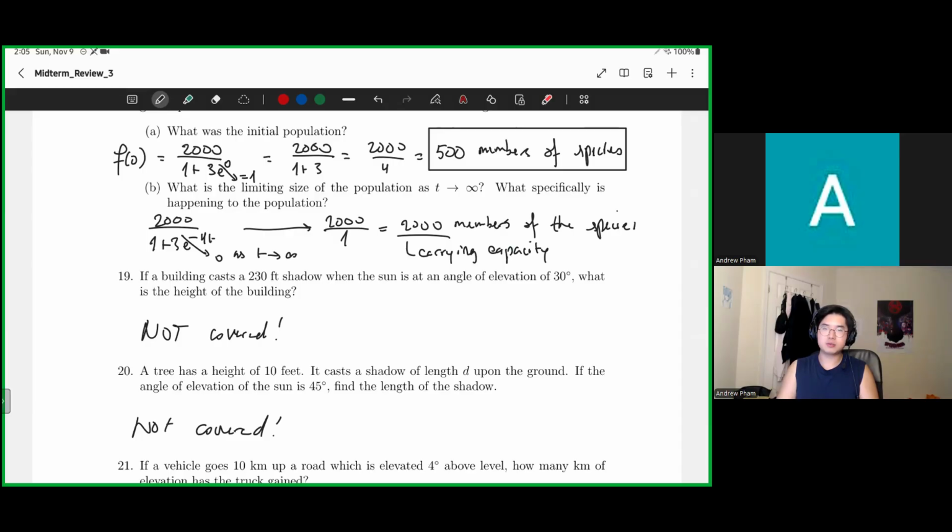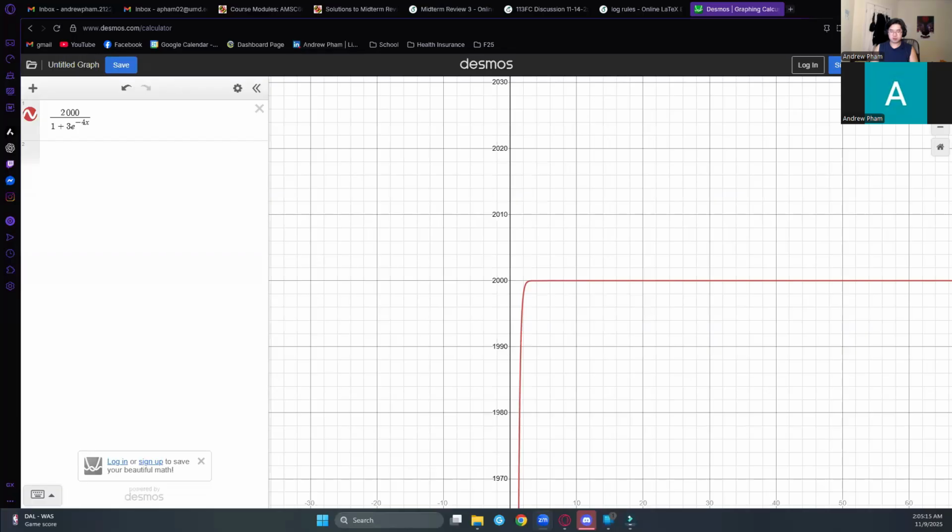So this is the Desmos graph. First of all, that's the function we have, but let's look at e to the minus 4x first.